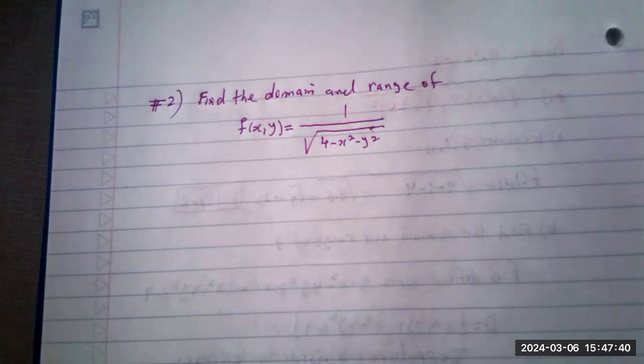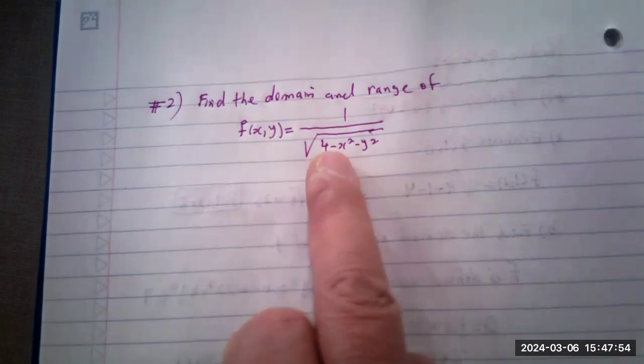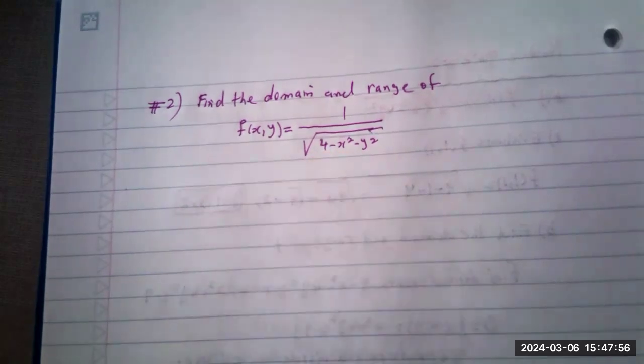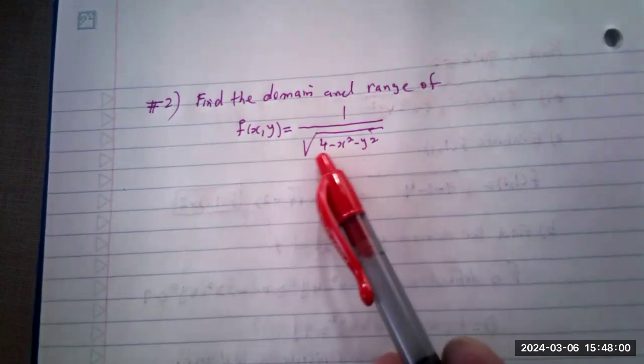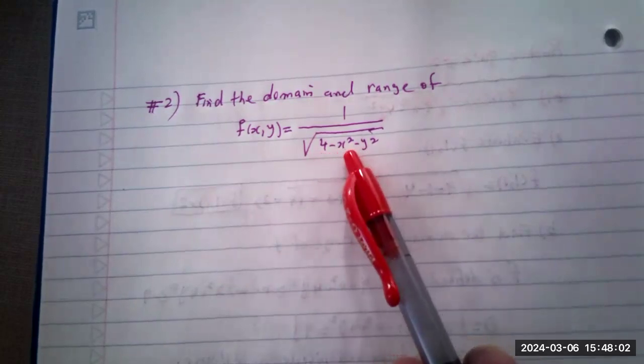Again, it's a rational function, and the denominator is a square root function. So we have 2 restrictions. For the rational function, the denominator cannot be 0. For the square root function, the inside cannot be negative. So the domain would be where the inside is greater than or equal to 0.